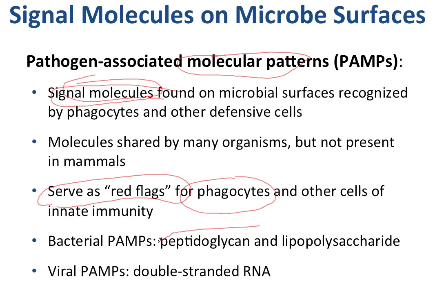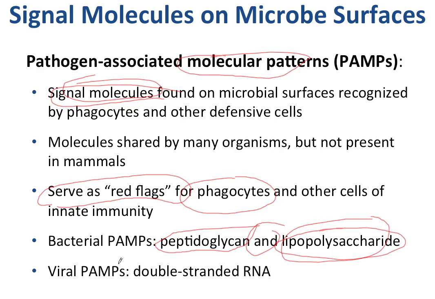For example, those patterns could be peptidoglycan or lipopolysaccharide, because those molecules are specific to bacteria. They are not in the human. That's why once the phagocyte recognizes these molecules, they know they are microorganisms that they have to kill.